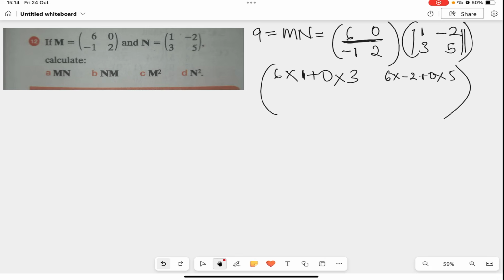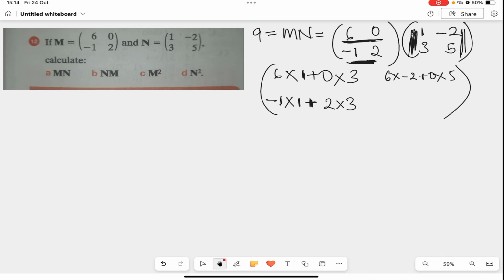Let's continue. We have our second row, first column, and second row, second column. So we have minus 1 times 1 plus 2 times 3. Good. That's the second row, first column.